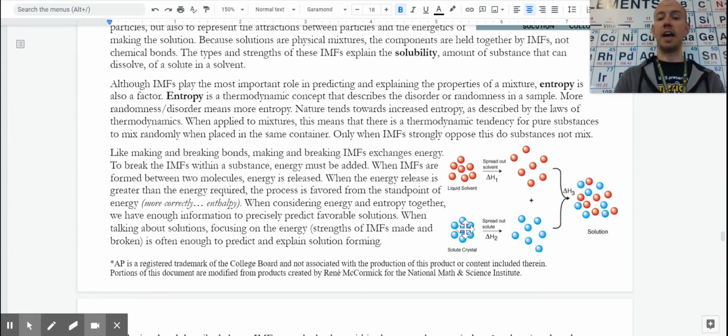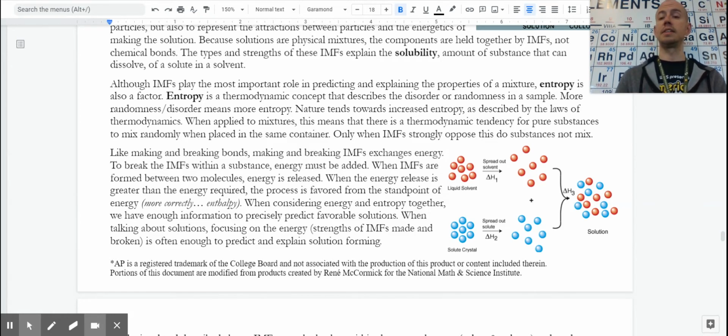So right here, if I had something like sugar, to get those sugar molecules separated, I would have to put in energy. To get water, if we're dissolving it in water, to get those water molecules farther apart so that there's space, I'd have to put in energy. I'm breaking hydrogen bonds in both cases, dipole attractions and dispersion forces. When they come together, though, we make an attraction between them.